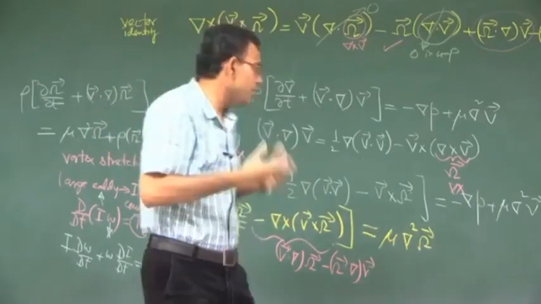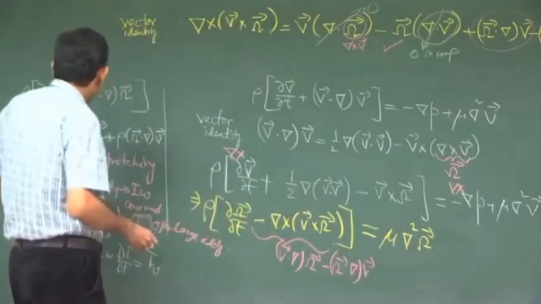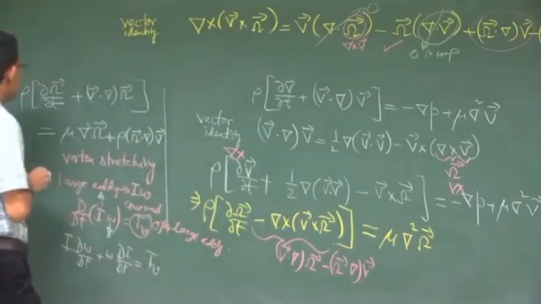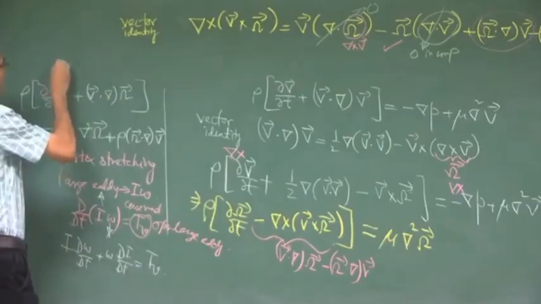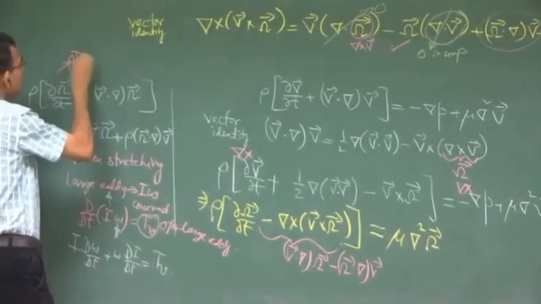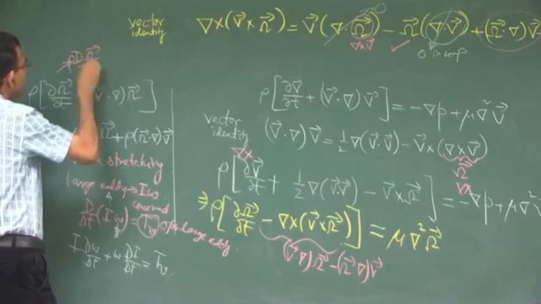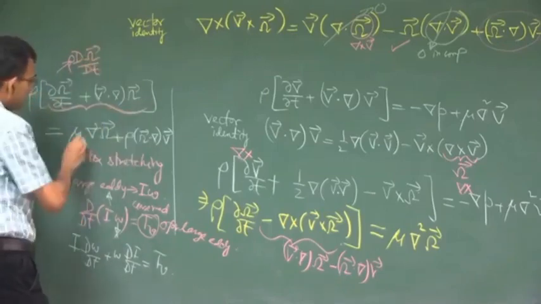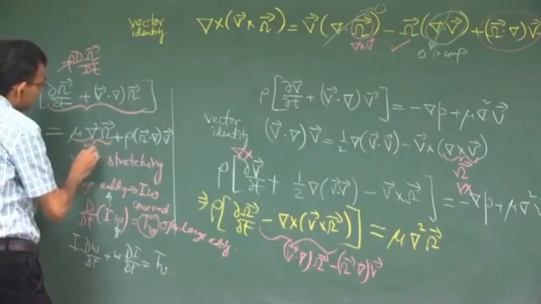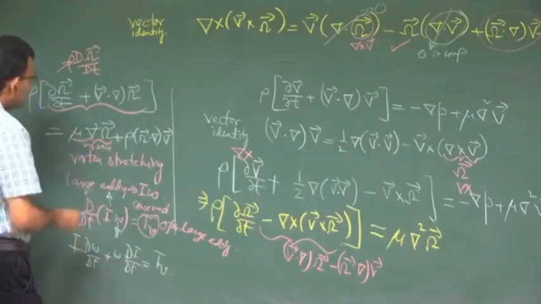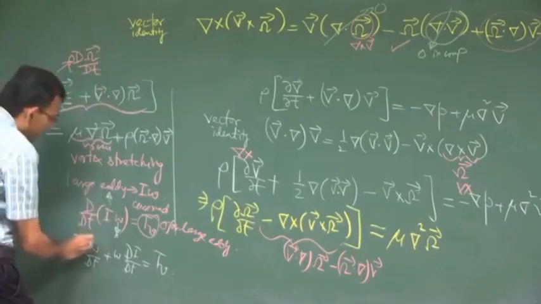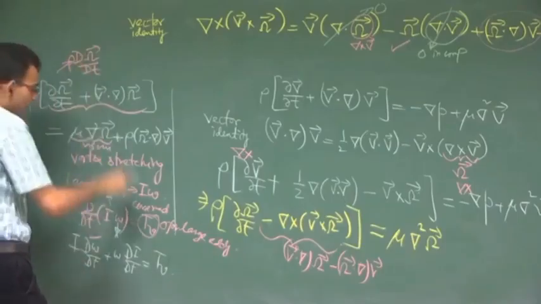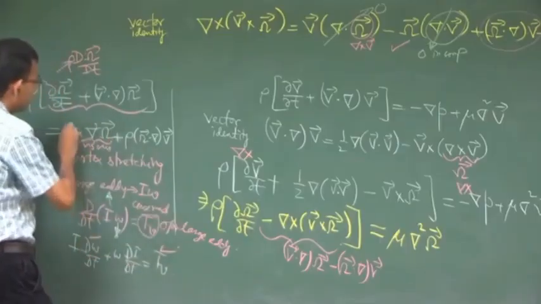So, this phenomenon of vortex stretching you can clearly bring out from the vorticity transport equation. You see this is rho d omega dt, this left hand side, this is the viscous, right. So, you have identified a d omega dt term here which is analogous to this, you have identified a viscous term which is analogous to this.